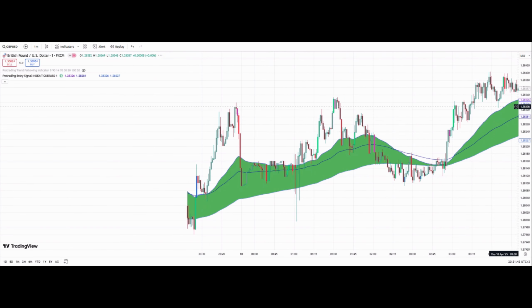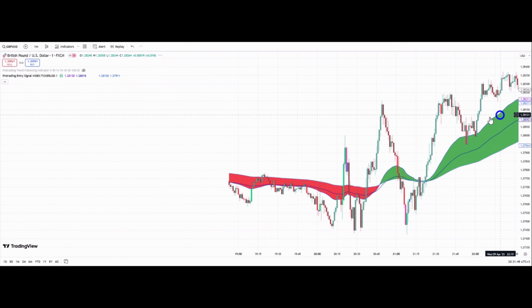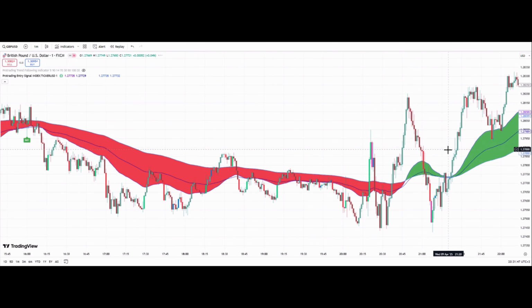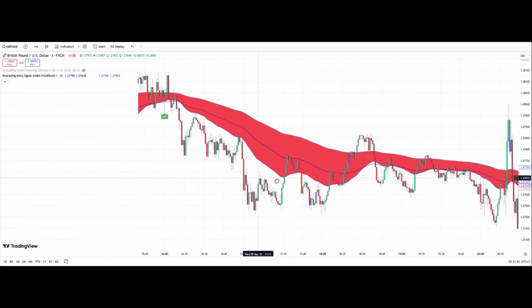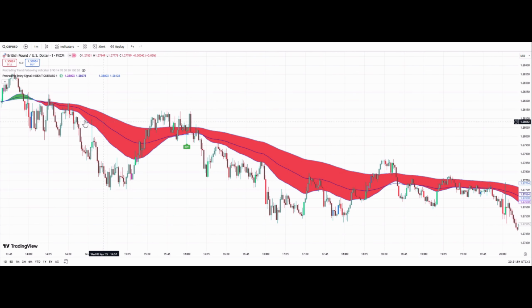Once you have the green persistent, you know you are in an uptrend. In the same way, when you have the red cloud forming, it means you have transitioned from the uptrend to a downtrend. In that case, you only look for one thing to do in the market, which is to sell. This is how you follow the signal.